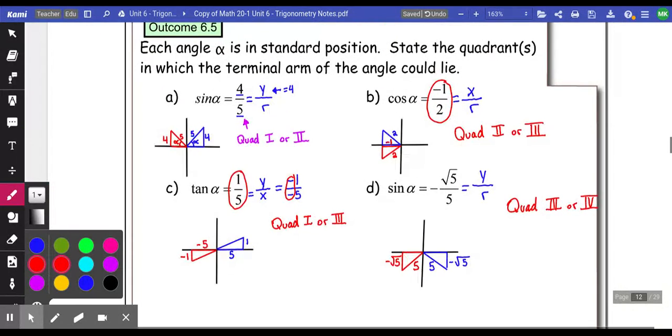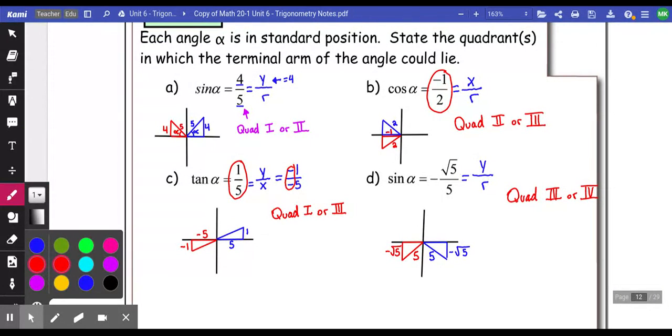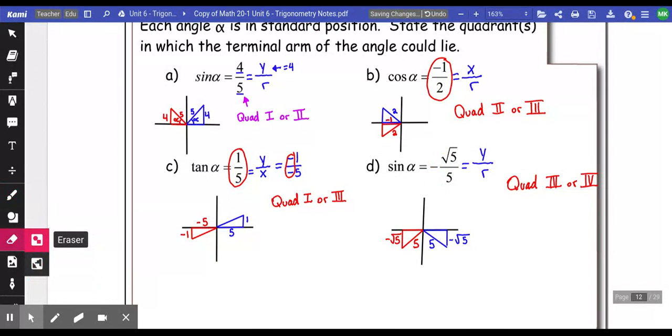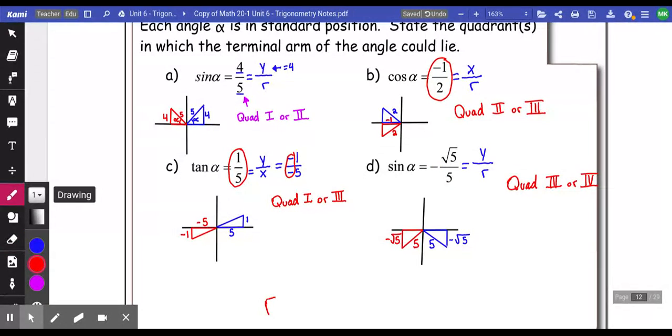Sometimes people get a little bit confused, especially with that last one, because the negative is in front, and they say, well, I don't know if the negative goes to the y or if the negative goes to the r. Just to make things clear, r is always a positive number.